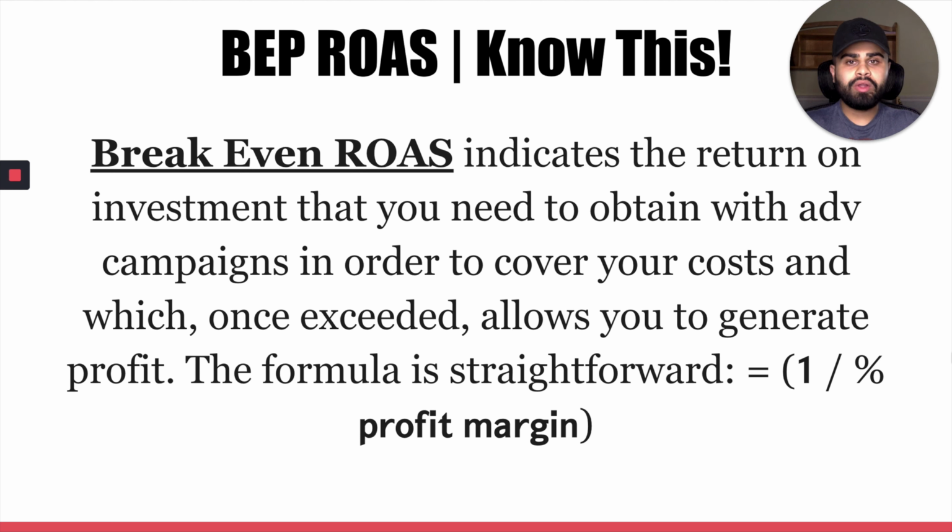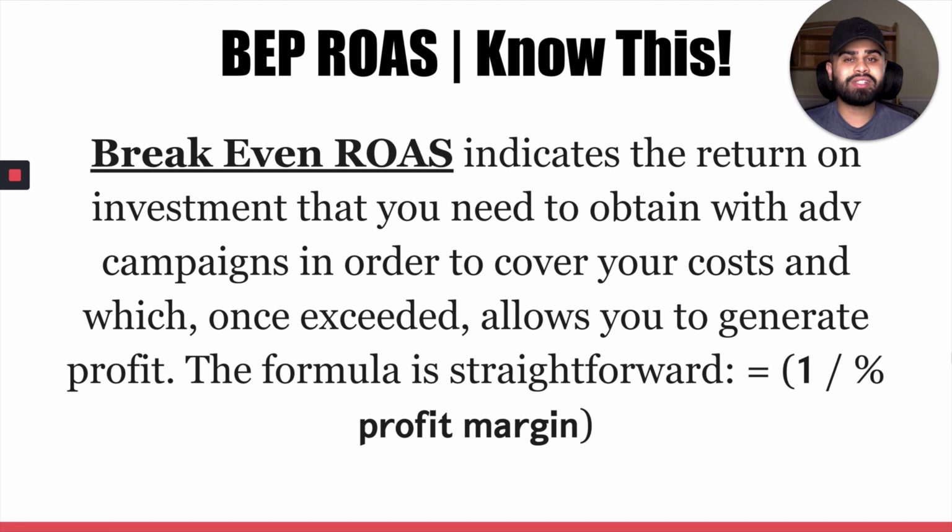So now that we know a little bit more about ROAS, what it is and how to calculate it, what is your break-even point ROAS, or BEP ROAS in short form? Now guys, don't get confused. To explain it in layman's terms, that break-even point ROAS still stays the same. But your break-even is basically what ROAS you need to know whether you're profitable, you're negative, or just breaking even.